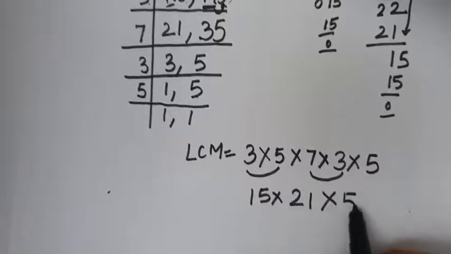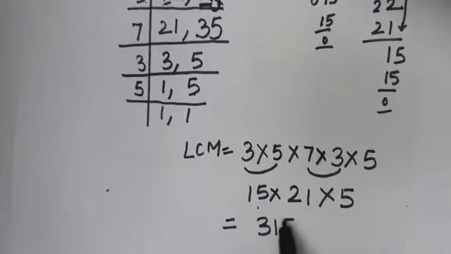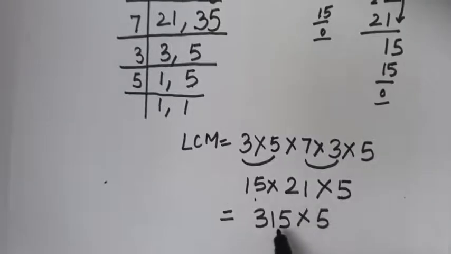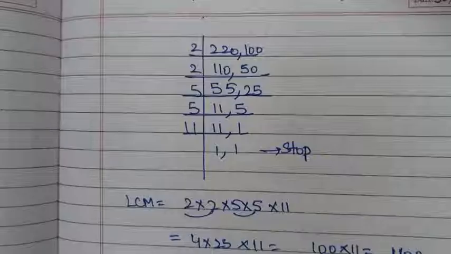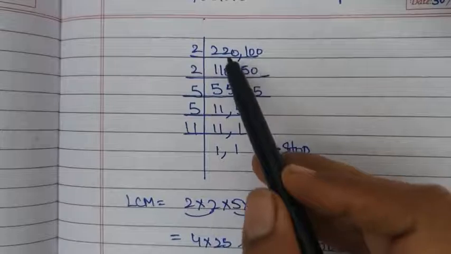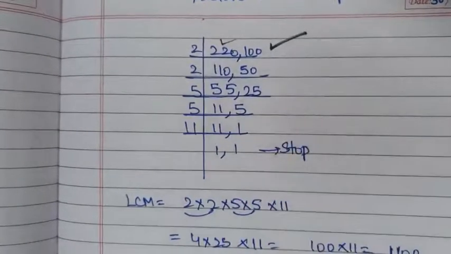Multiply 5. Clear? Now 15 multiplied by 21 is 315. Multiply 5, and 315 into 5 is 1575. Clear, children?